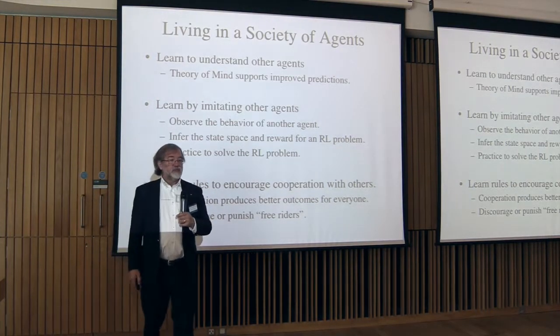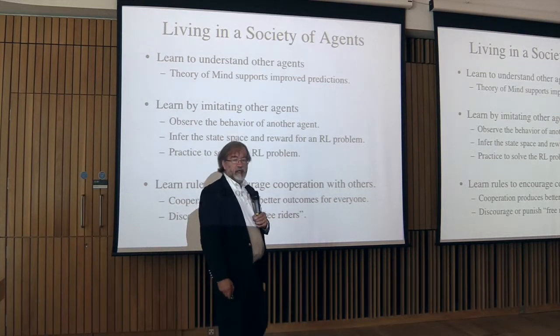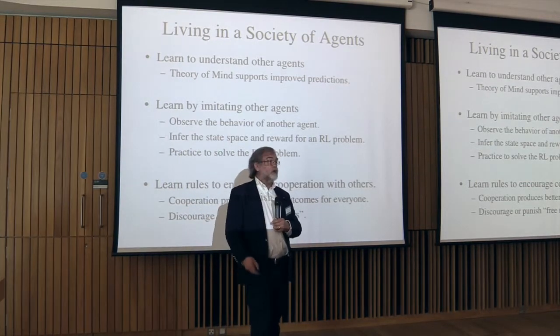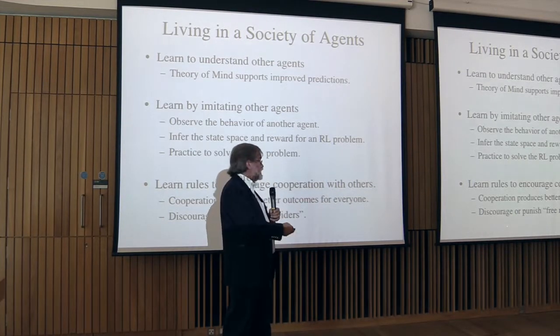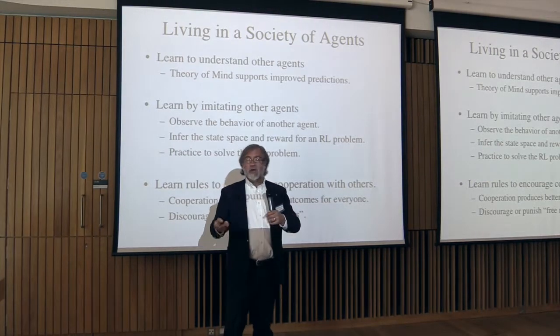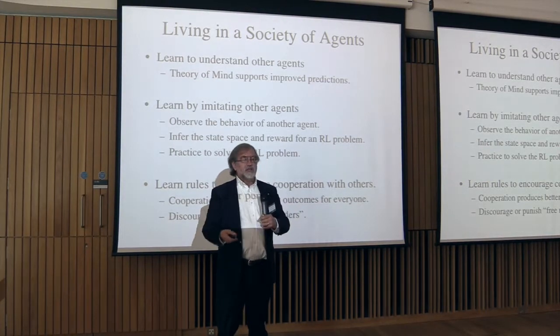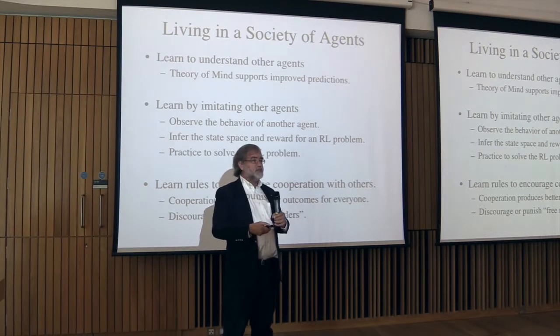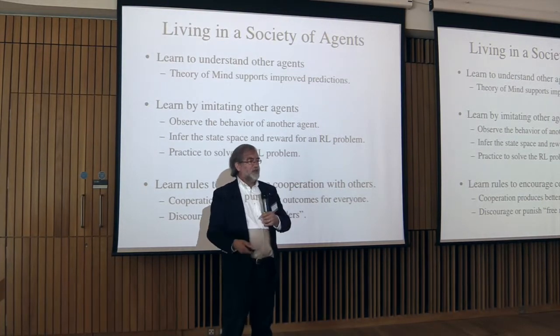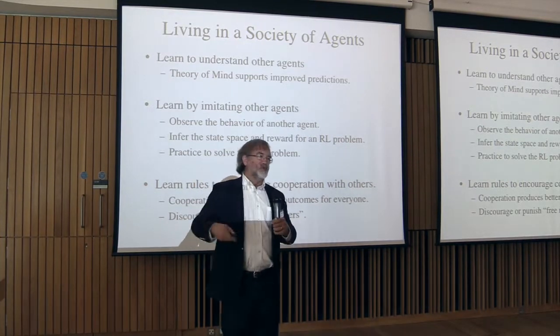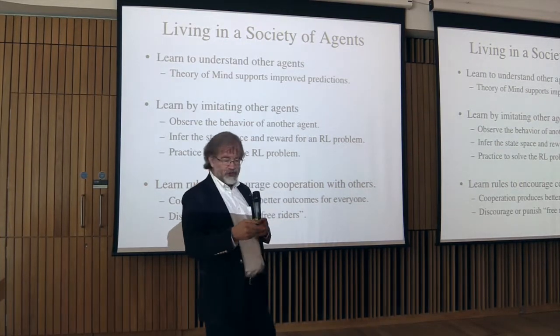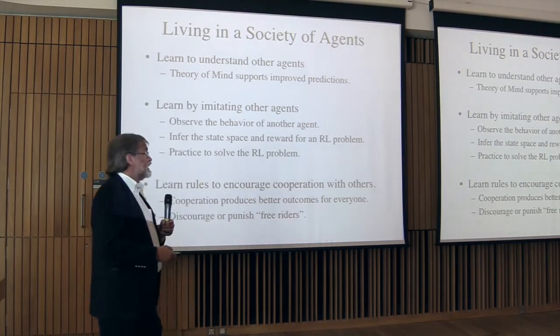One of the things that seems to be an important part of this, along with trust, which I spoke about quite a lot last night, is the notion of punishing free riders. Free riders are people who take advantage of the cooperation of others, but don't actually do their share to contribute. This is one of the big issues that shows up in that world.